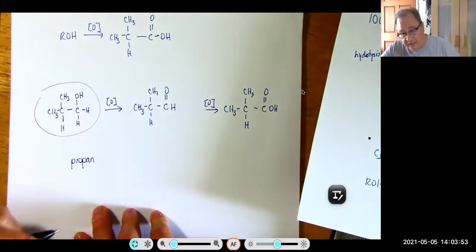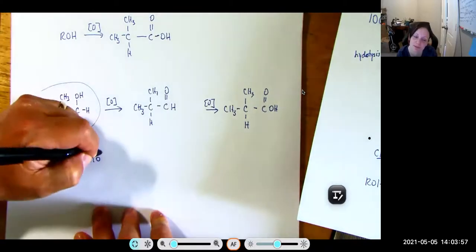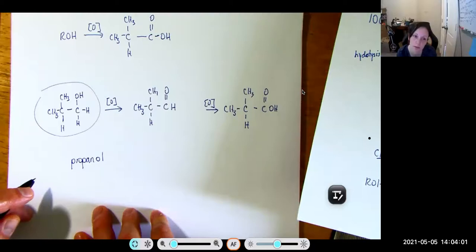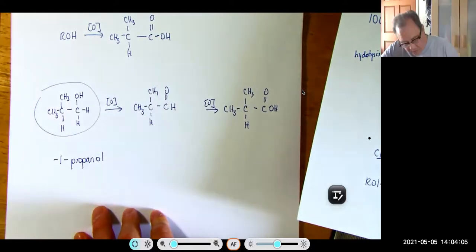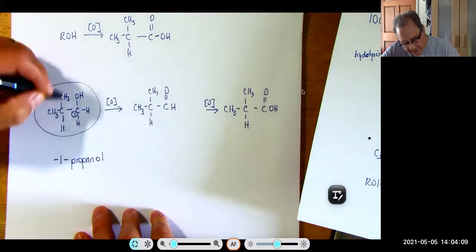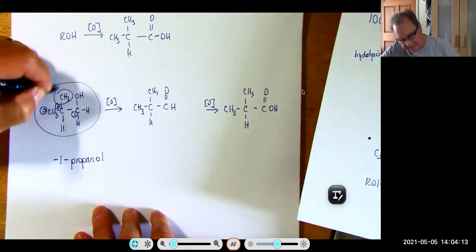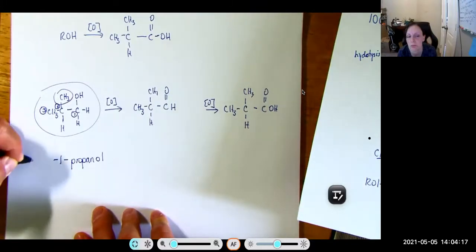We're going to call it propanol. Where is the alcohol? On carbon 1. Or 1-propanol. So 1-propanol, but if this is carbon 1 and this is carbon 2 and this is carbon 3, what is this guy? 2-methyl. 2-methyl.